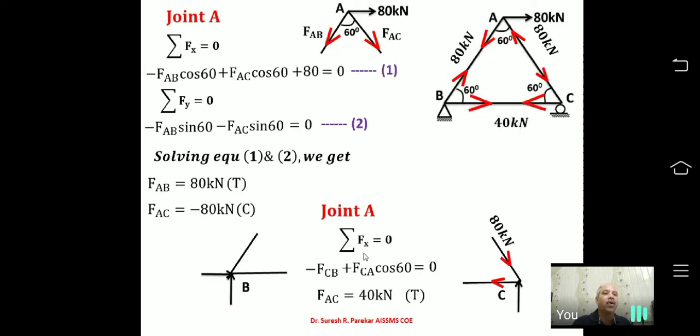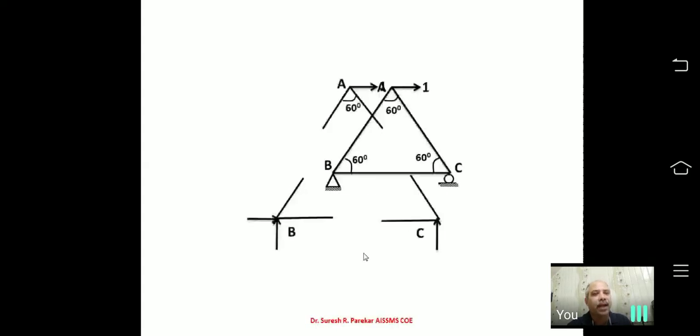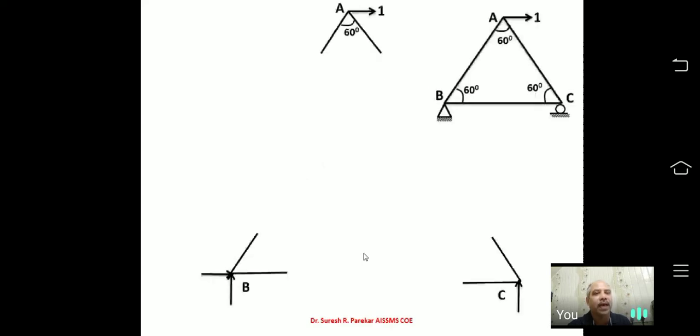So now we are done with all the P forces. Our next work is to go for the K forces. As we require horizontal displacement, we have to apply a unit force at joint A, because we are interested in determining the horizontal displacement at A. Then in the same way, we consider joint A separately, B separately, and C separately, and write down the equations by assuming tensile forces in the members.